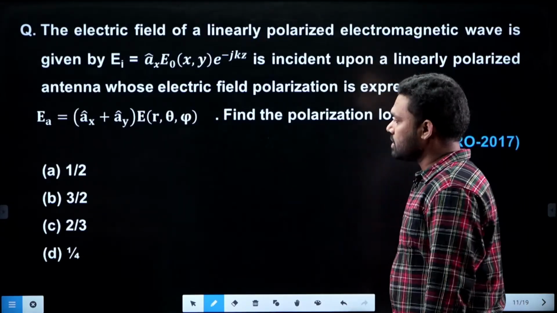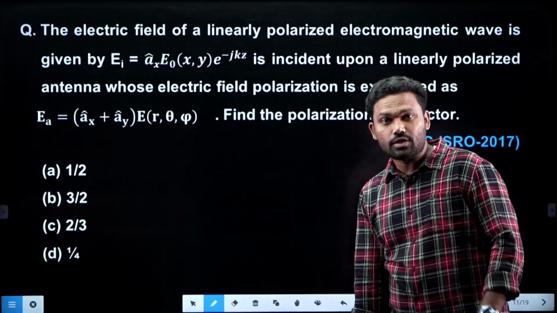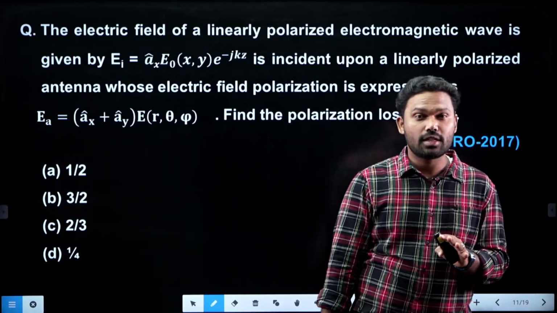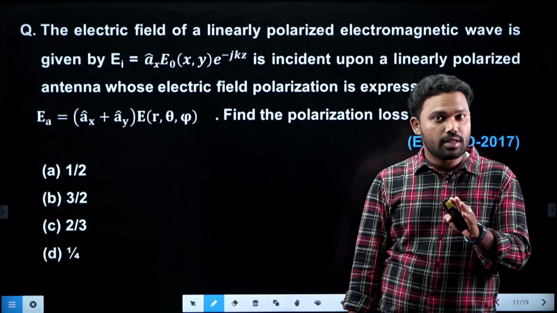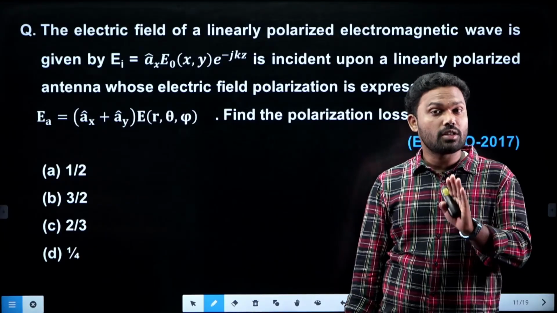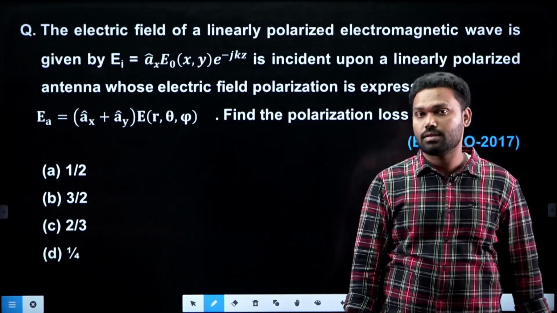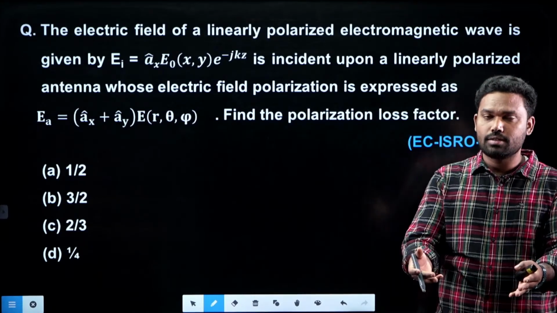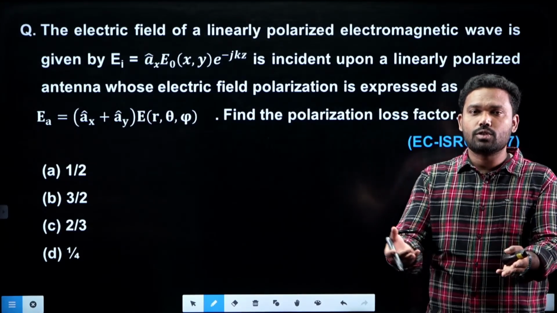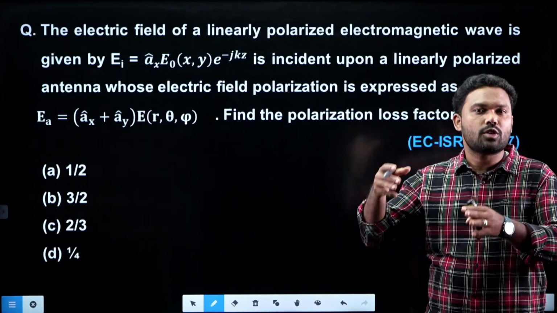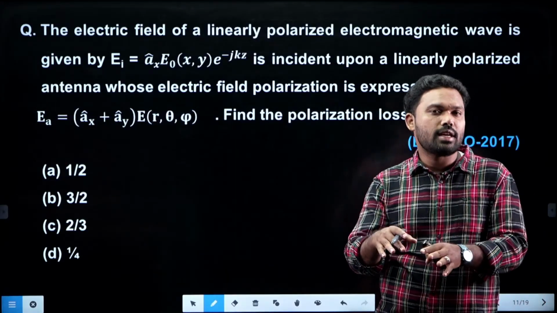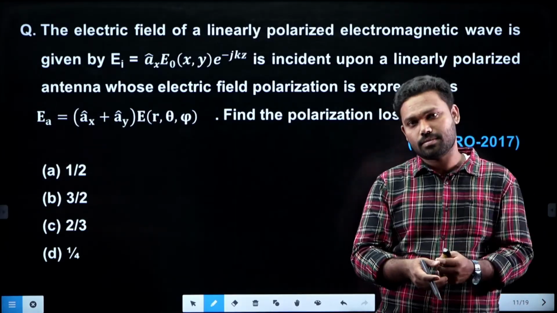Here is one more question. See, the numericals are on the transmission lines, numericals are on the waveguides, numericals on the antenna, the two antenna parameters. Obviously, he will be asking the questions in electromagnetic theory, as I said earlier, applied electromagnetic theory.